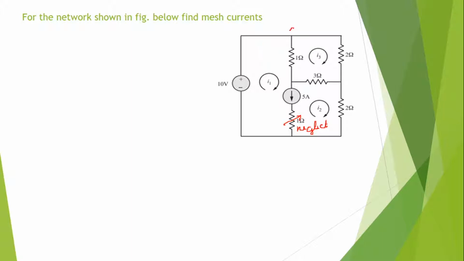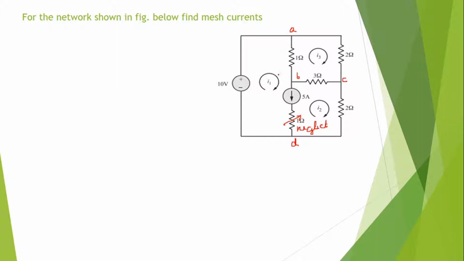This point I will take as B, this point as C, and this point as D. So only 4 points. With these 4 points I can represent the network.